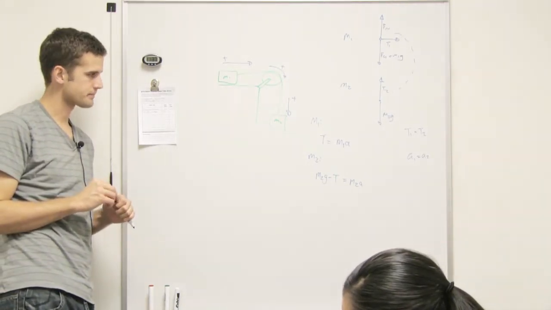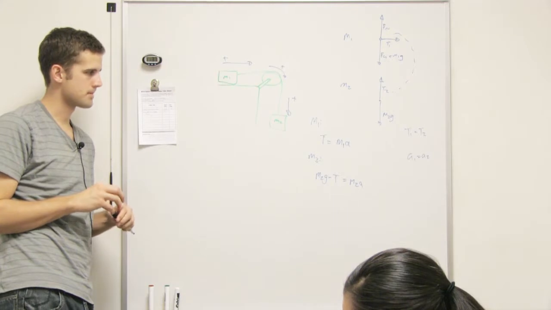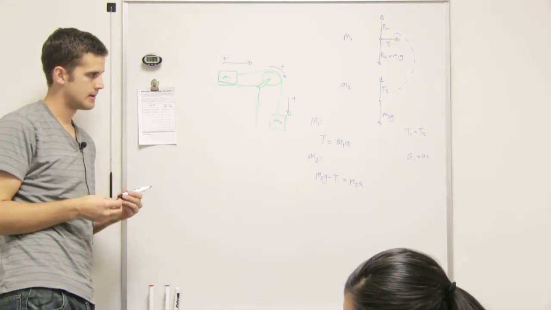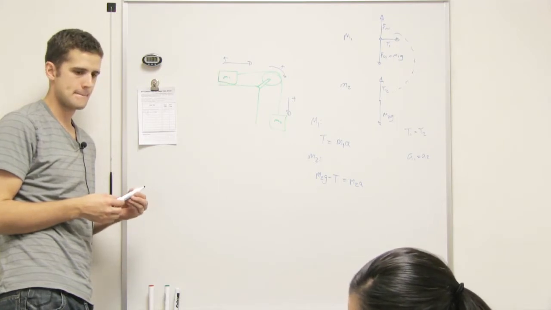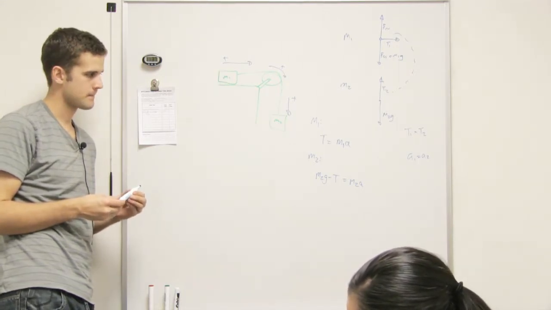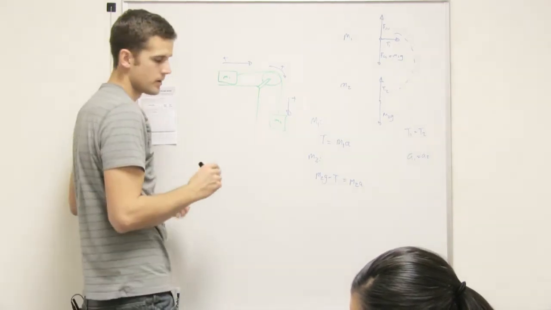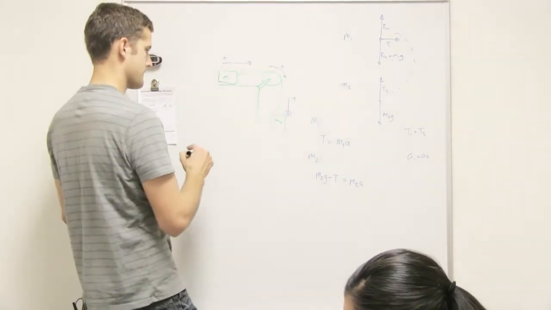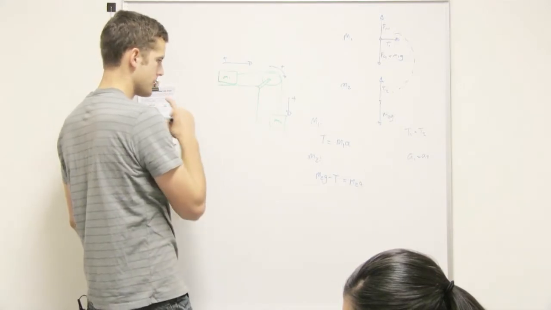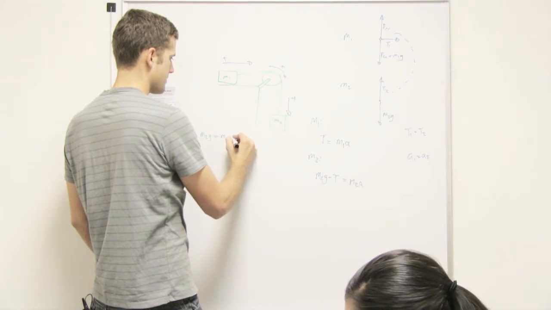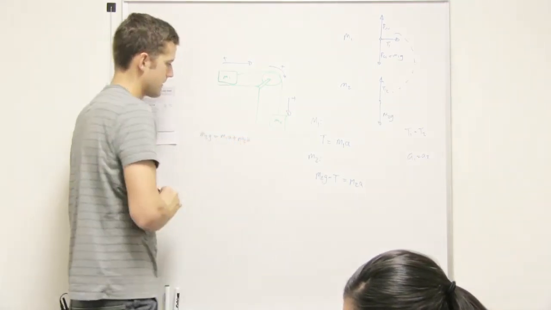So we have m2g is equal to m1a plus m2a. Is that right? Yes. m2g equals m1a plus m2a.